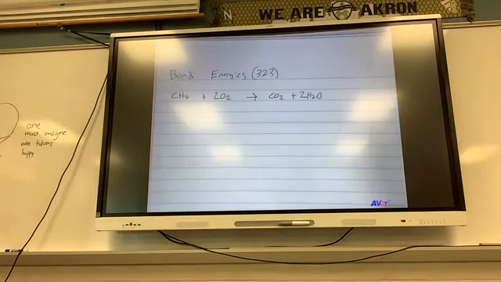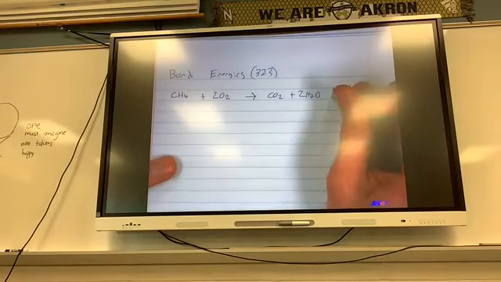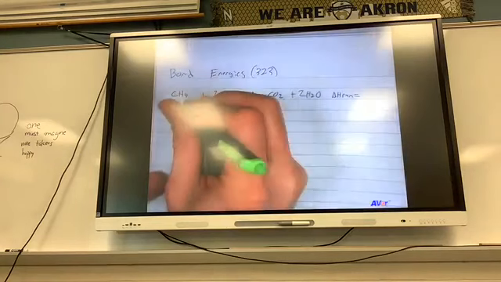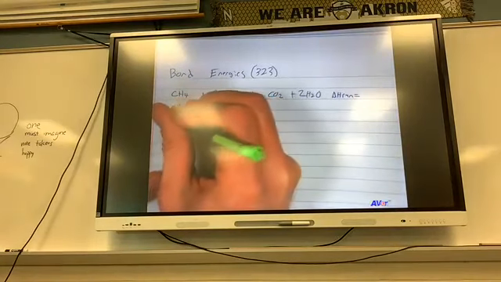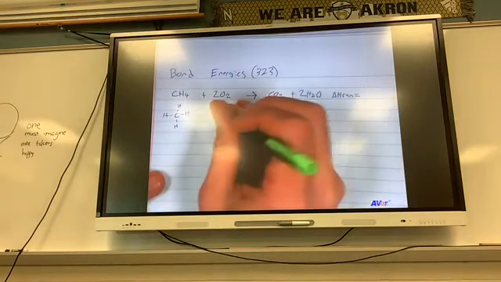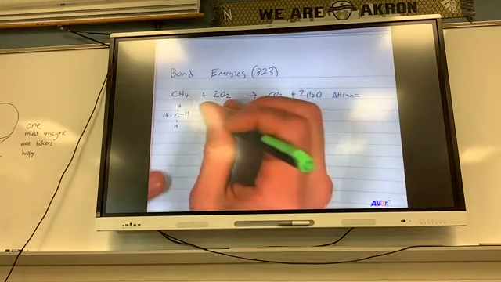And I could tell, well, we don't know our delta H, we need to figure out what our delta H reaction is. The first thing I like to do is draw this out. So I have C, H, H, H, H. I know oxygen is an oxygen double bonded to an oxygen, and I have 2 of those.